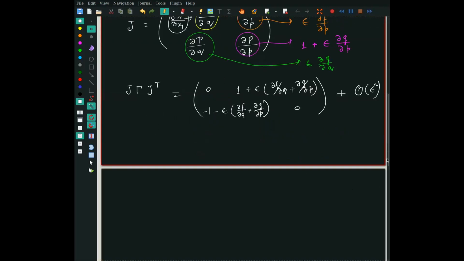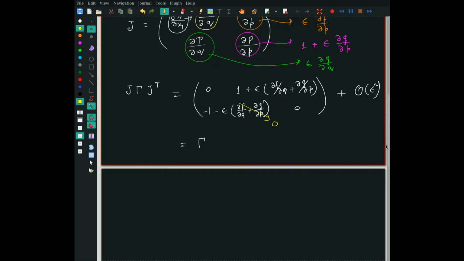I have to identify this as gamma. This should be gamma if the quantity inside the first bracket is 0. You can check that then the matrix reduces to (0, 1; minus 1, 0), and if the quantity inside my first bracket is 0, this is my gamma.